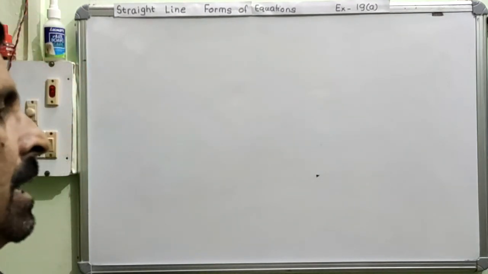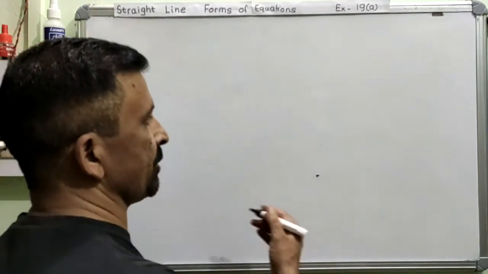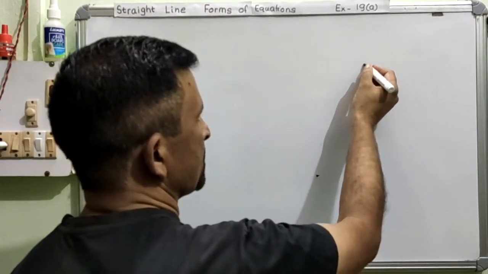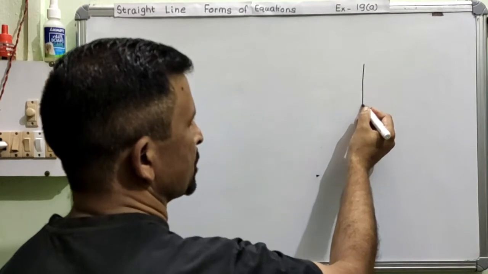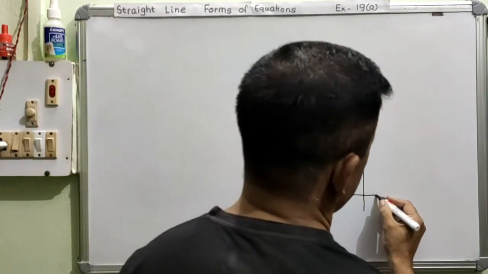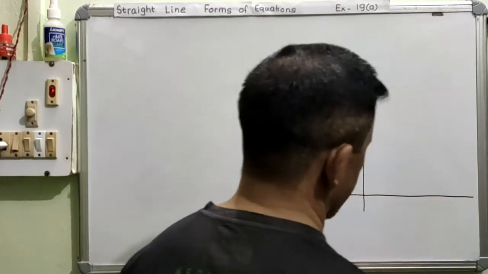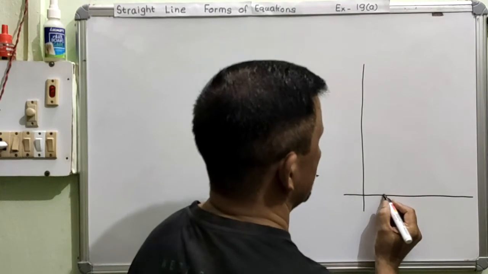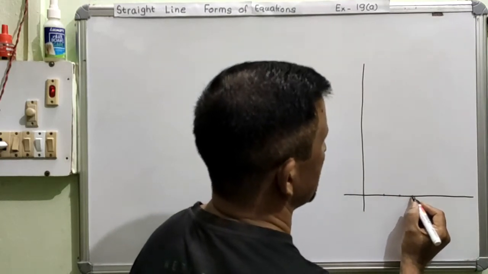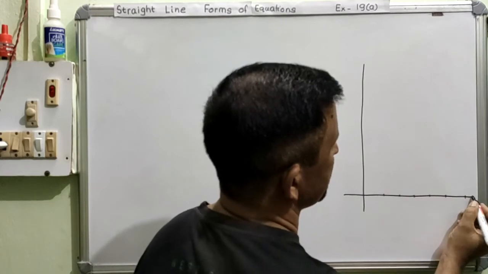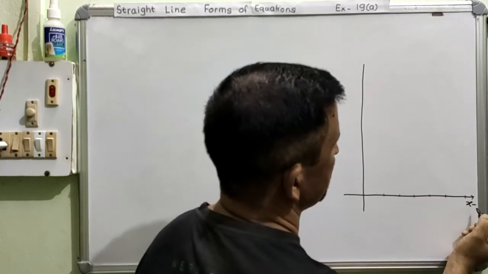So we will try to understand this question part by part. First of all, let us draw the coordinate axes so that we can plot the points. This is the coordinate plane, right? And then we will mark the divisions 1, 2, 3, 4, 5, 6. This is the x-axis.